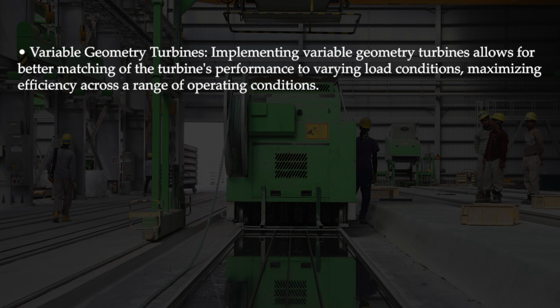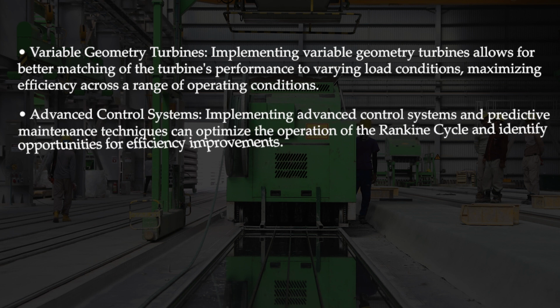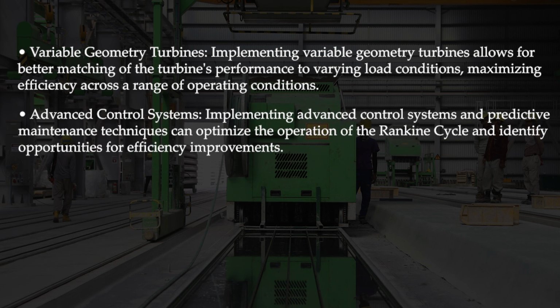Implementing variable geometry turbines allows for better matching of turbine performance to varying load conditions, maximizing efficiency across a range of operating conditions. Next method is advanced control systems. Implementing advanced control systems and predictive maintenance techniques can optimize the operation of the Rankine cycle and identify opportunities for efficiency improvement.